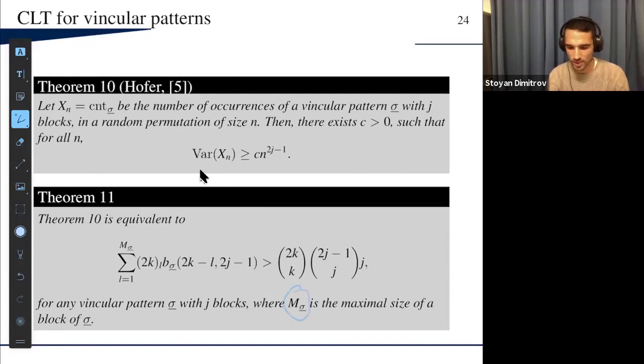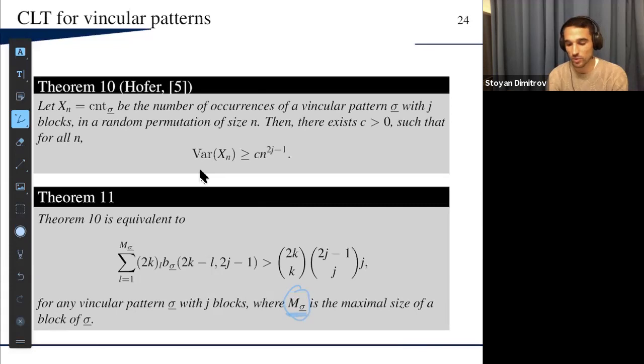And we can easily see that if sigma is a classical pattern, then this maximal size is just 1. And after some simplification, we will get the previous lemma in the classical case of Burstein and Hasto. Also, this is easy to prove if sigma has just 1 block.